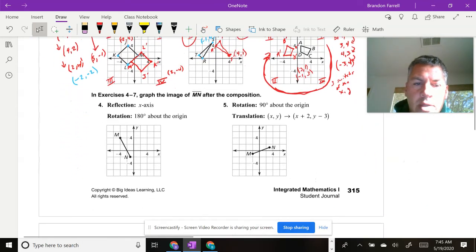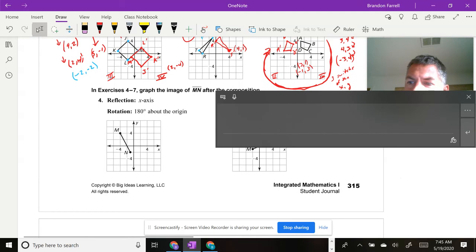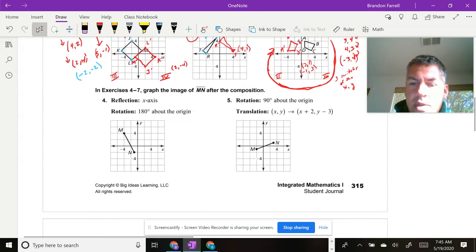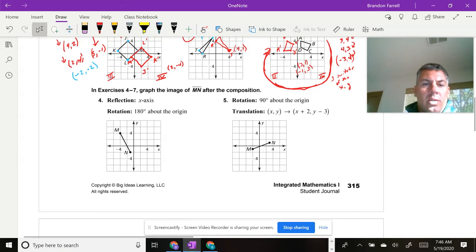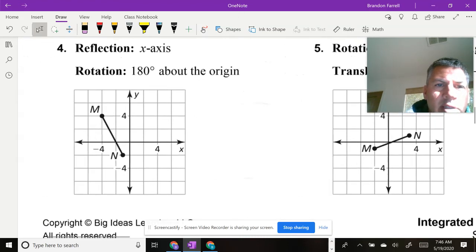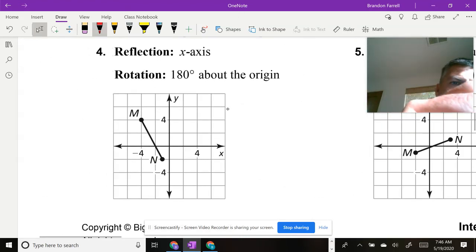Okay. So again, we're looking at these rotations. So this one wants us to do a composition of a reflection and then a rotation. Okay, so if I'm going to reflect this, this is gonna be a double whammy here.